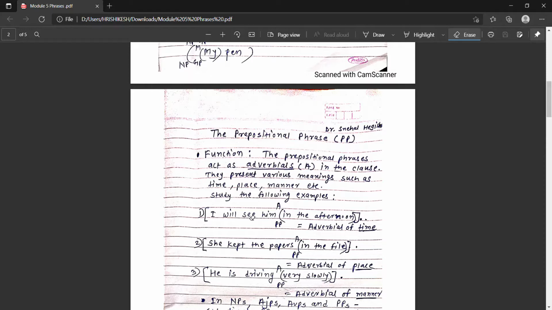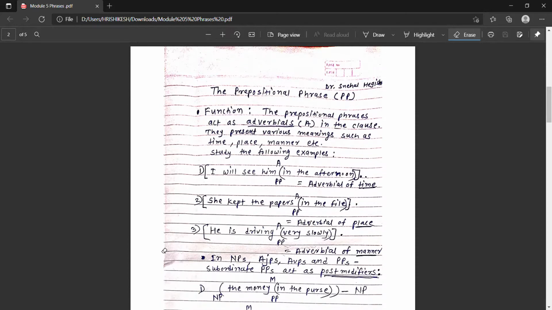So a prepositional phrase here functions as an adverbial. The first two examples you should keep in mind, and you should remove this third one. We will discuss this third example while discussing adverb phrases. Now, prepositional phrases function in NPs, AJPs, AVPs and PPs.